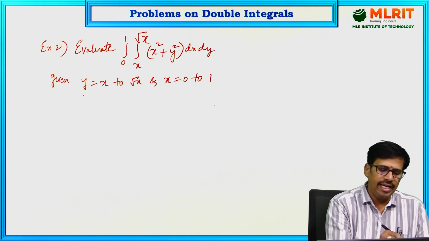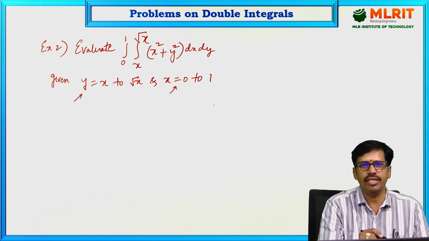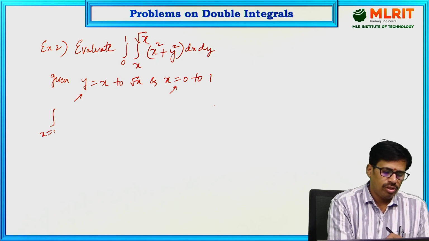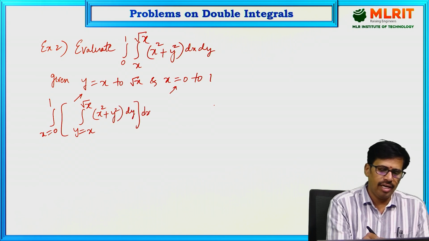So first integrate with respect to y, and then with respect to the constant limits, that is with respect to x. So we have the integral x equal to 0 to 1, y equal to x to root x, of x square plus y square dy, then dx.